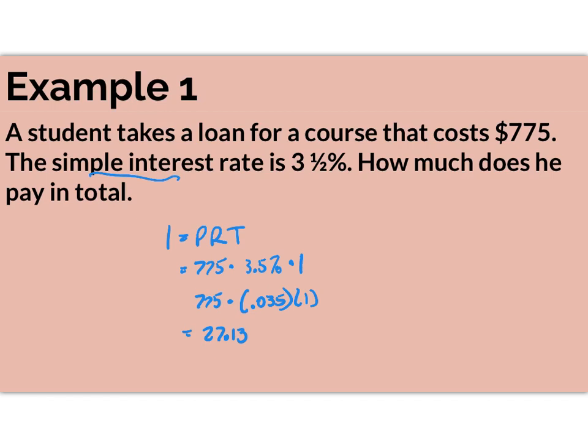So if you borrow $775 at this interest rate, you would wind up paying, let's just add it up, at the end of the year, $775 plus $27.13. That's $802.13 at the end of the year. So here's your interest collected, and here is the amount of money that you would pay.